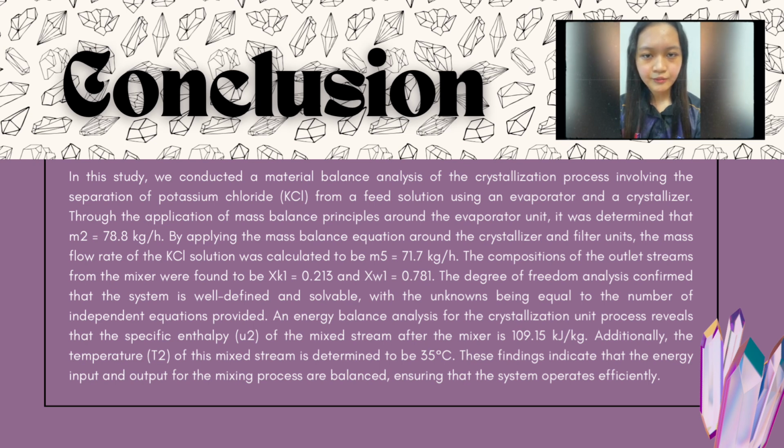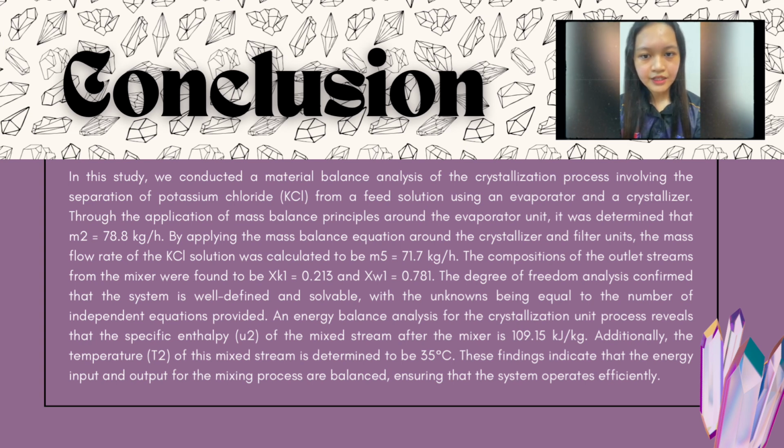Through the mass balance principle, the mass flow rates of the streams were determined to be M2 equal to 78.8 kg per hour for the evaporator and M5 equal to 71.7 kg per hour for the crystallizer and filter units.